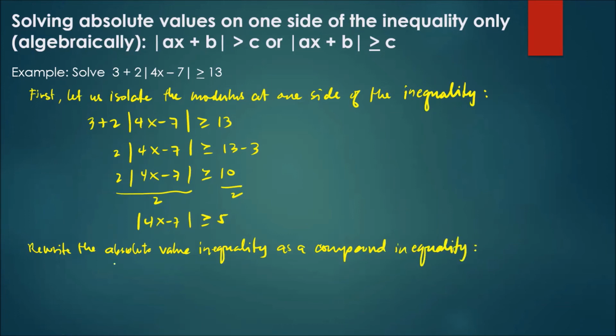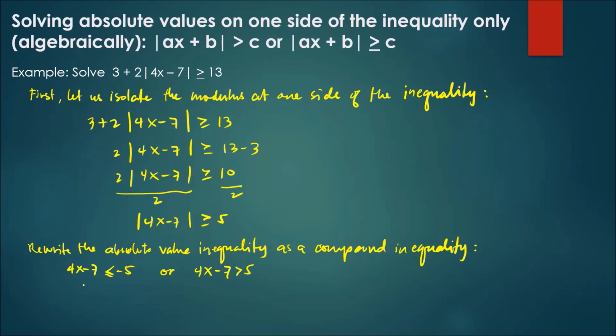So you're going to write it as 4x minus 7 is less than or equal to negative 5, or we have 4x minus 7 is greater than 5.